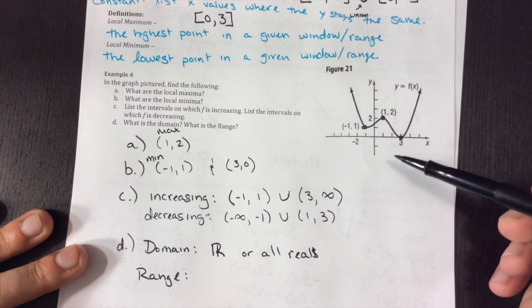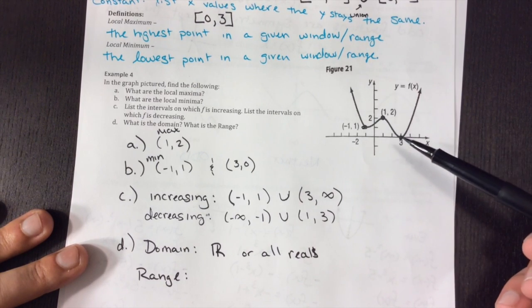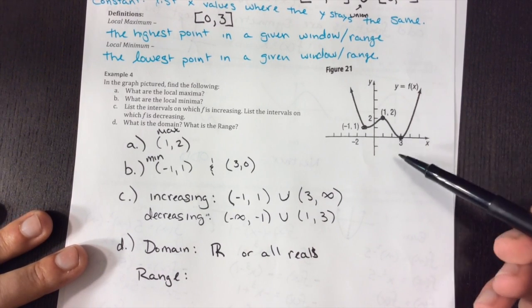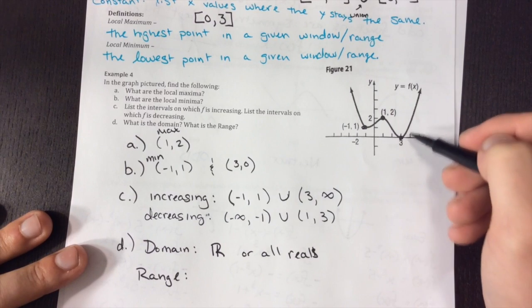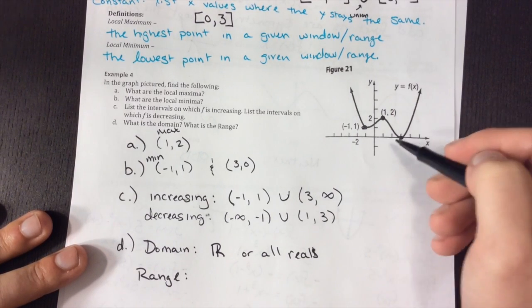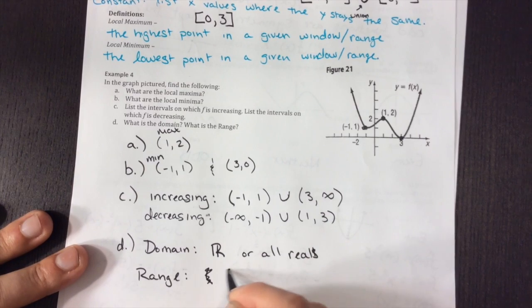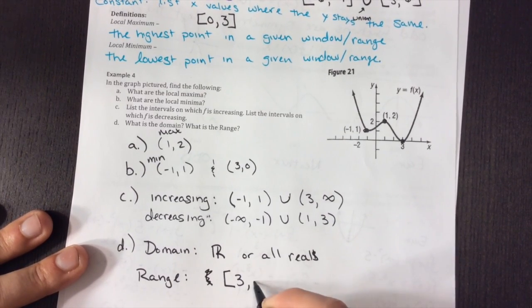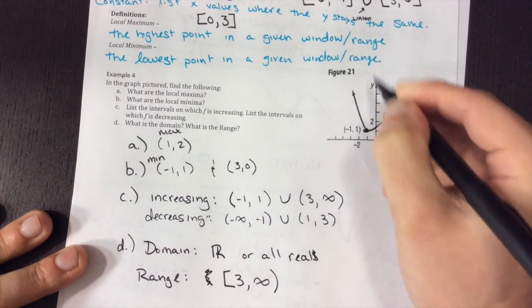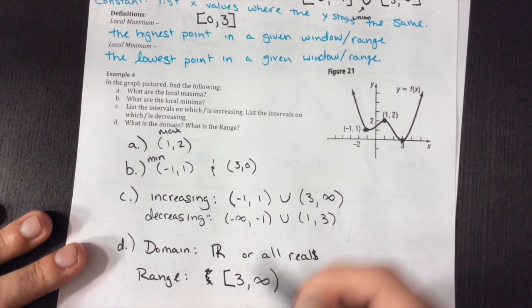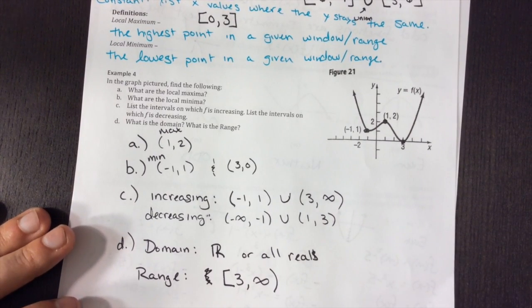The only restriction here is we have a low point of 3, which we can't go below. Because we have a minimum at 3, and that's our global minimum, we can be 3, and then we keep going up from there. So 3 to infinity in interval notation.